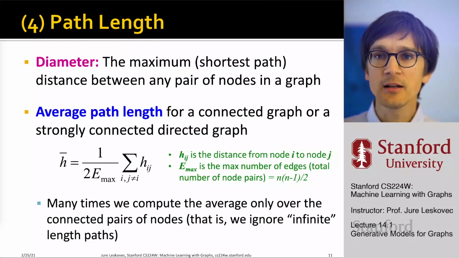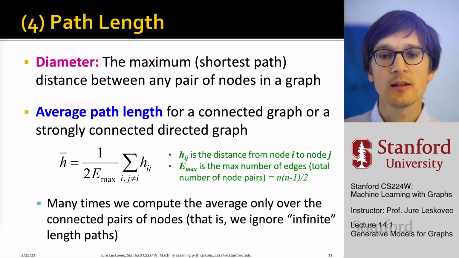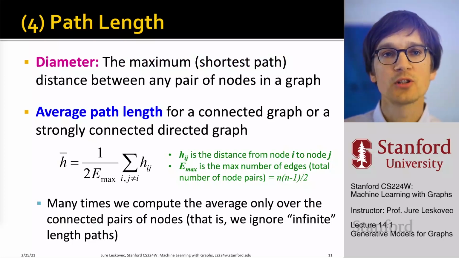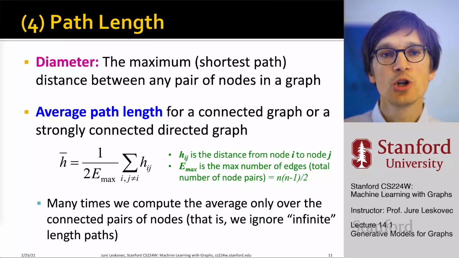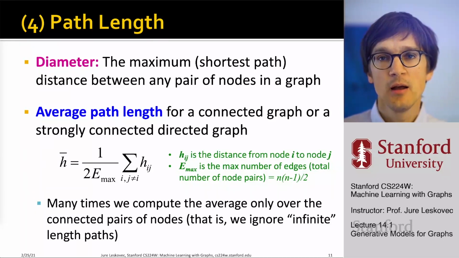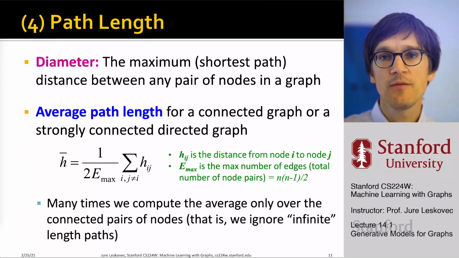And then the last thing we are going to use to characterize networks is what is called shortest path lengths, or the notion of diameter. Mathematically, we define the diameter of the network as the maximum shortest path distance between any pair of nodes in the graph. To compute it, you take any pair of nodes and find the shortest path between them.